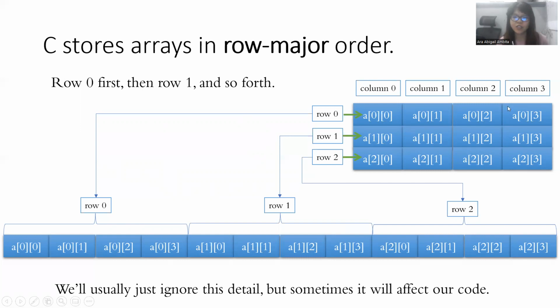So it stores row 0 first, followed by row 1, and followed by row 2. Row 0 is comprised of 4 columns, and this is how it's stored in memory, then followed by the next row with its specific columns, and then followed by row 2.